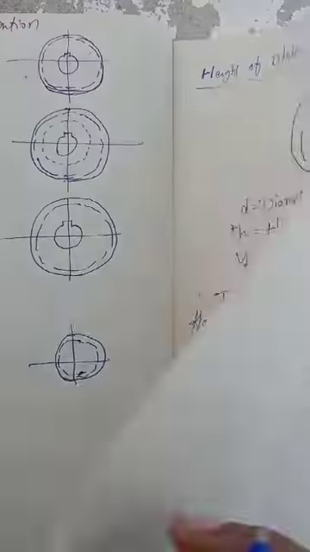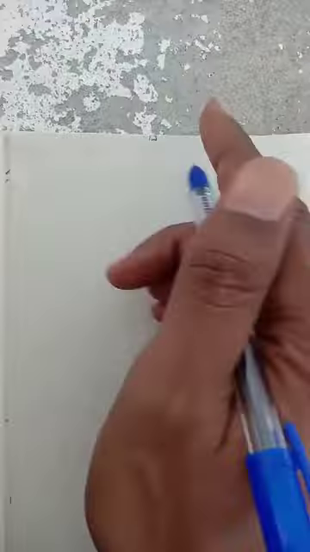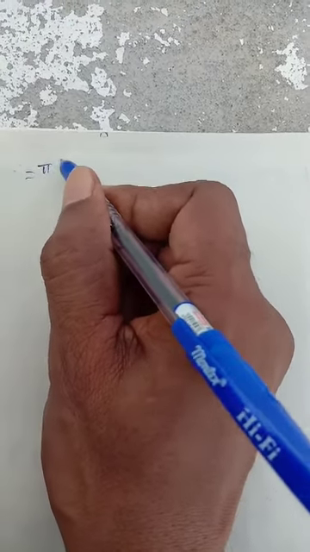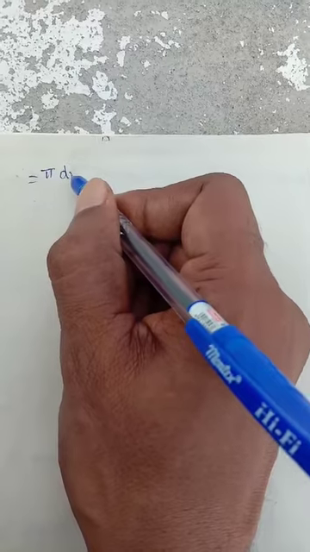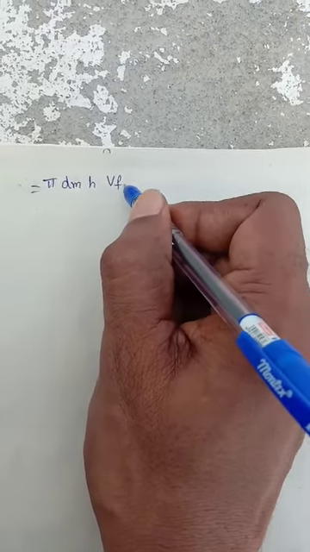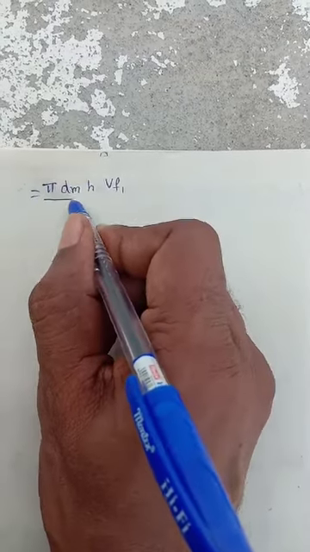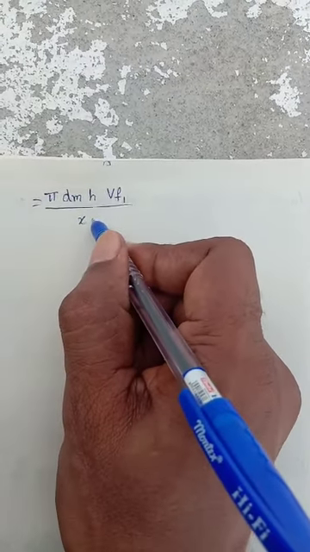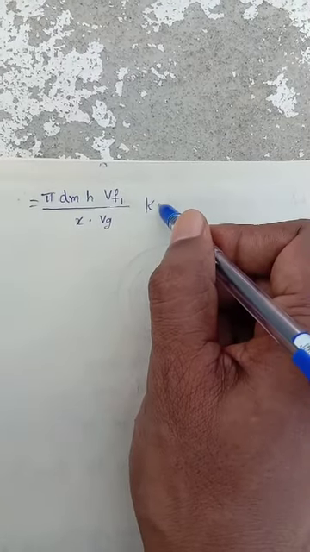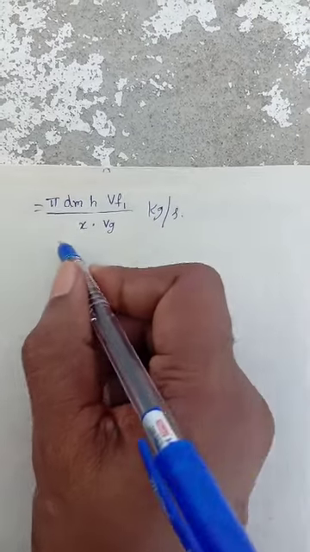Okay, now we can write pi dm h Vf1 divided by x into Vg. So this is in kg per second.